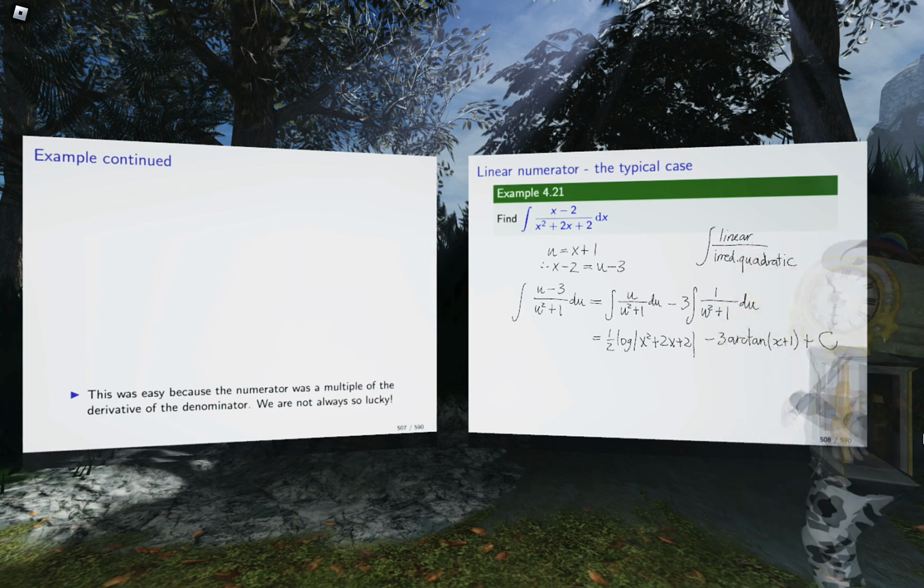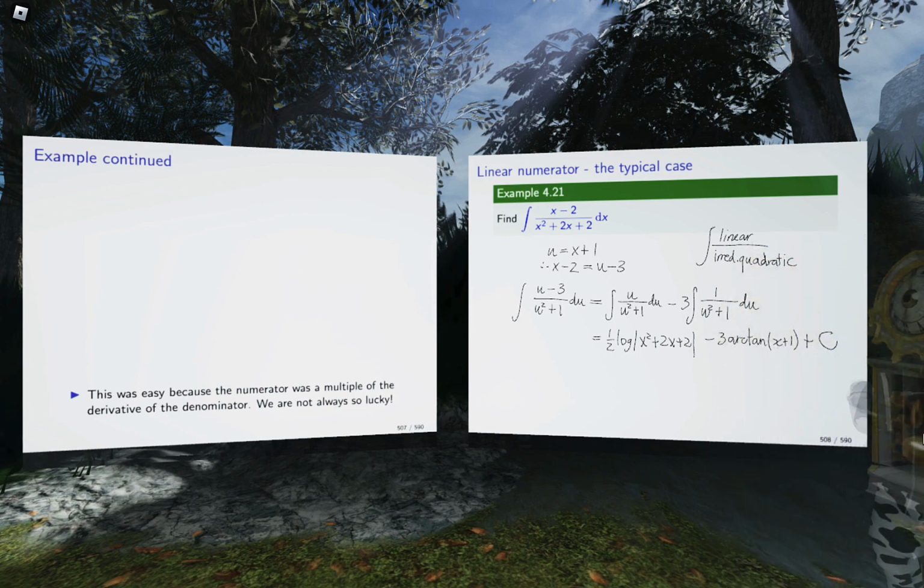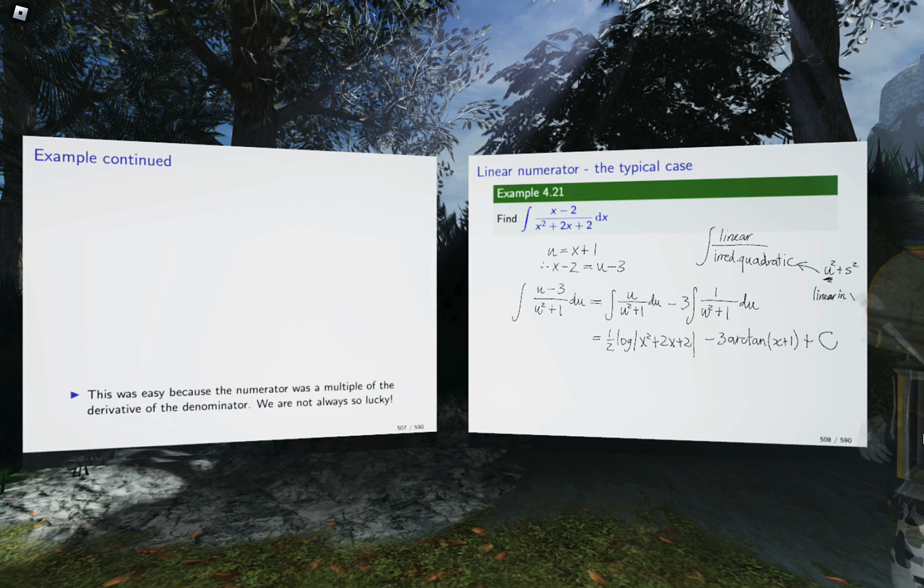I'll just talk you through why we're now done with this case. So suppose you're given something like that. The irreducible quadratic, for the reasons I explained, can always be written as u squared plus s squared, where u is linear in x. That is, it's ax plus b for some a and b. But that means the numerator can be written as a linear function of u.